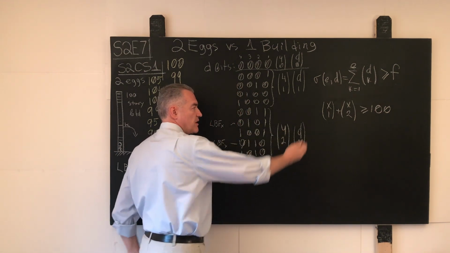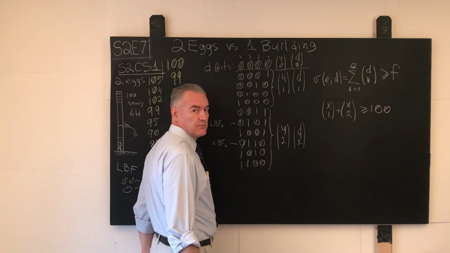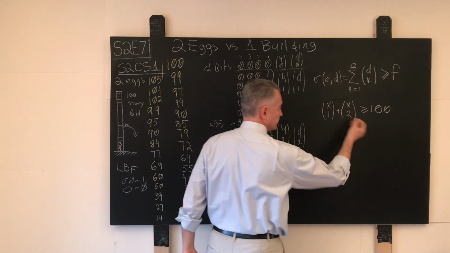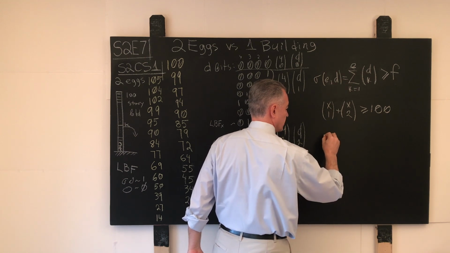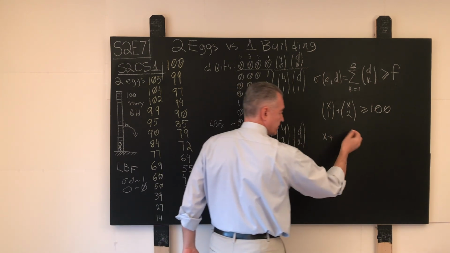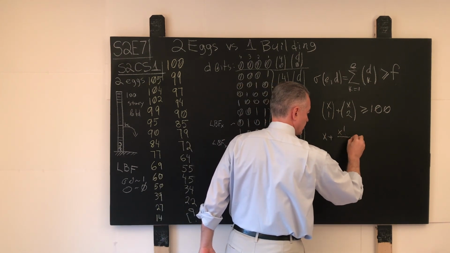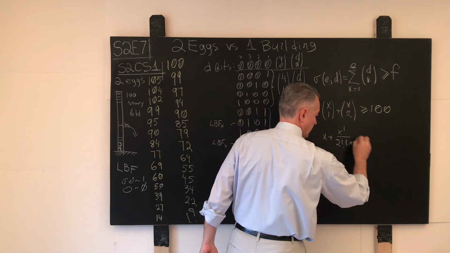Well, that much we can handle. This is nothing more than our favorite middle school combinatorial analysis. The first binomial coefficient X choose 1 becomes X. The second one becomes what? Well, let's spell it out. It's X factorial over 2 factorial times X minus 2 factorial.